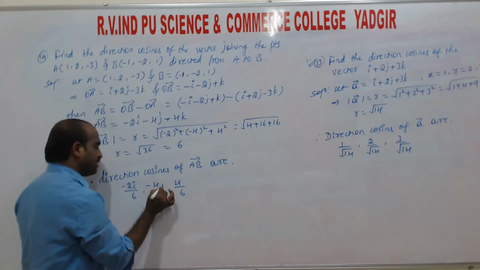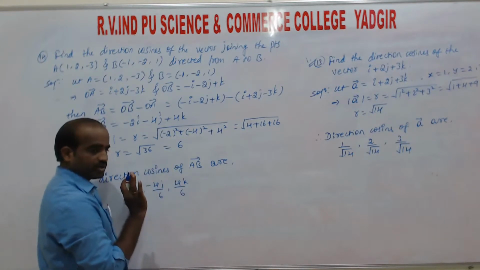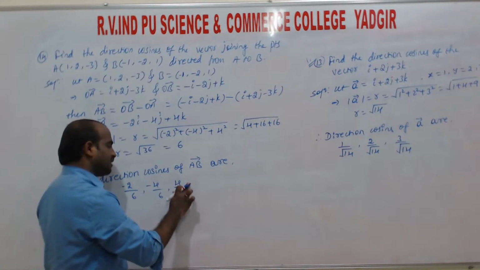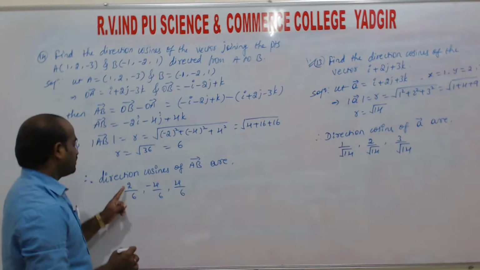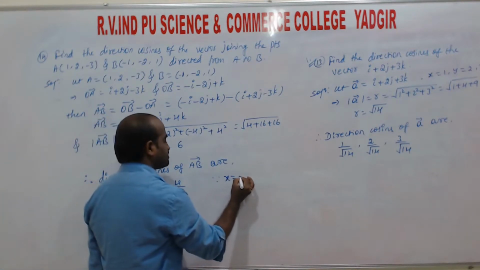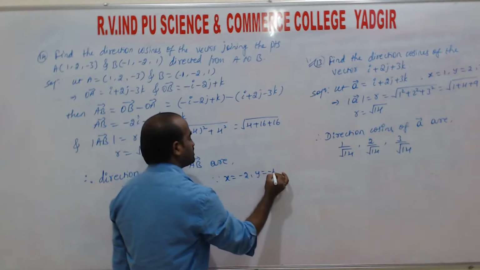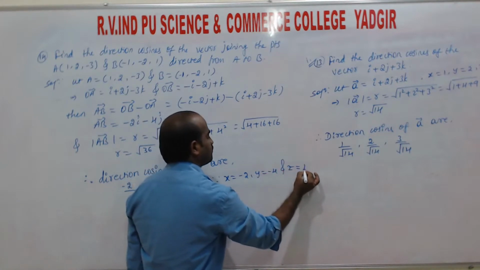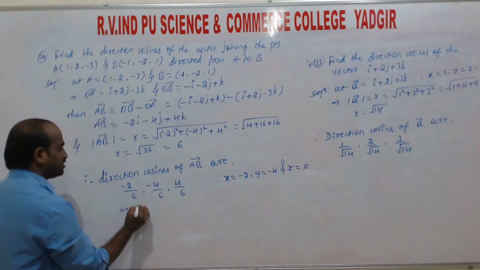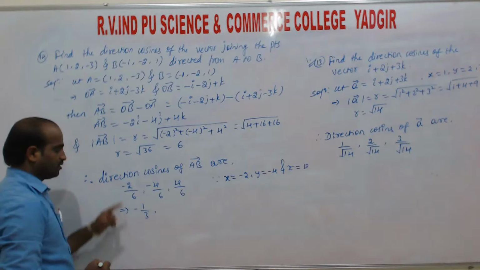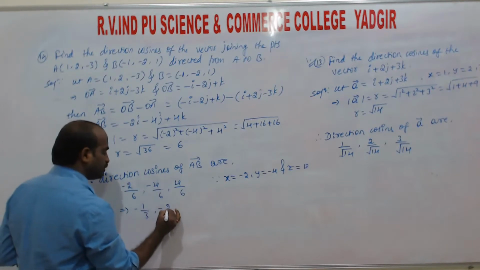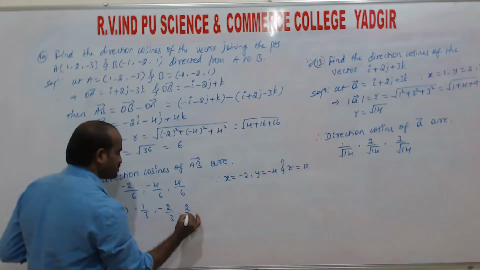Don't write i, j, k, only scalar components. This implies minus 1 by 3, minus 2 by 3, plus 2 by 3.